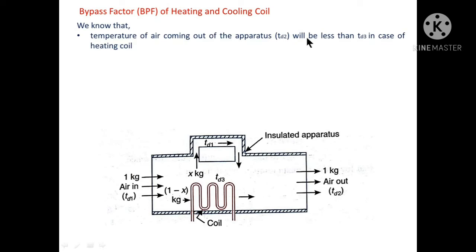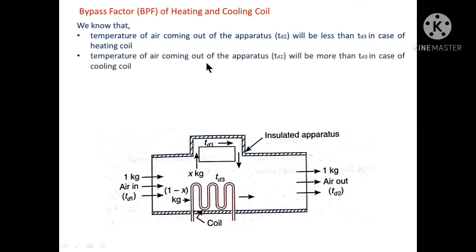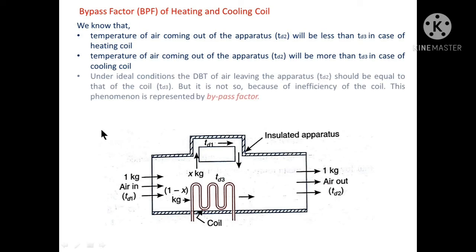The temperature of air coming out of the apparatus is less than the temperature of the heating coil TD3. In case of a cooling coil, the temperature of air coming out of the apparatus will be more than the cooling coil temperature TD3. Under ideal conditions, the dry bulb temperature of air leaving the apparatus TD2 should be equal to that of the coil, but it is not so because of the inefficiency of the coil.